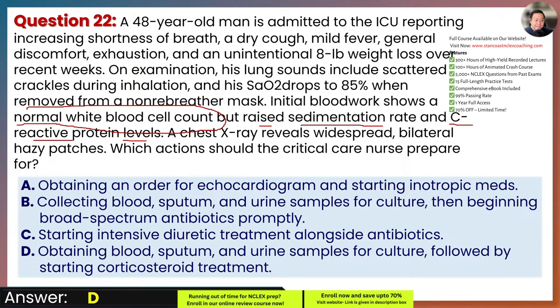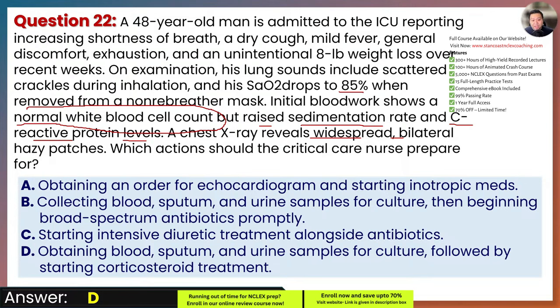So it said obtaining blood, sputum, urine samples for culture, followed by starting corticosteroid treatment. So take a look into the other manifestations. There's also widespread bilateral hazy patches, right? The patient's saturation drops to 85% when the non-rebreather mask is removed. So this is basically a case of progressive respiratory distress.